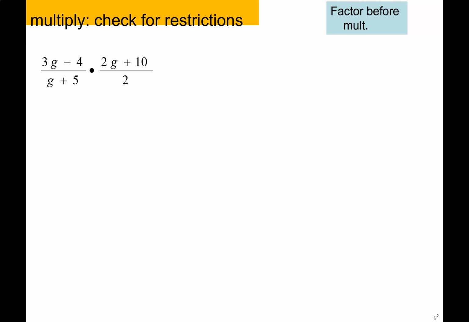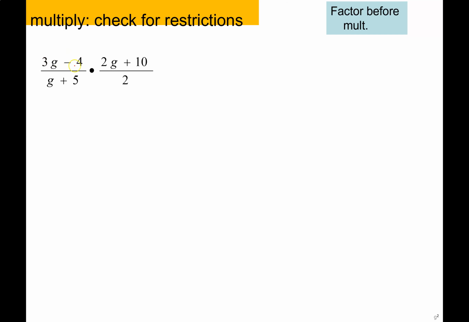Okay, so now we have 3g minus 4 over g plus 5. And then we have 2g plus 10 over 2. When you have something like this, you want to try to see if you're able to factor out anything, okay? If you're able to, do it. And then once you're done factoring, you want to see if you could simplify or cross cancel or something of that effect.